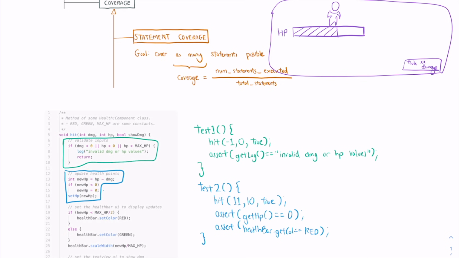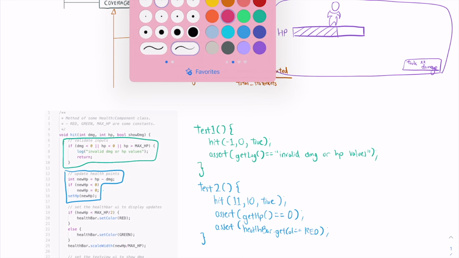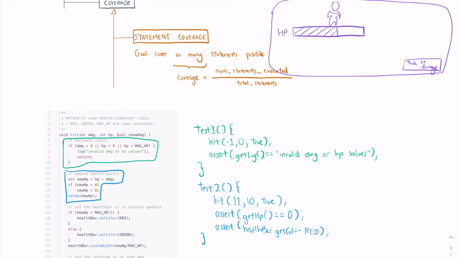Note that we went through some statements here as well, in particular this and then all the way down here, right? So we know that we covered this, but here we covered some but not all. So let's now create another test case to definitely cover these parts. So let's now color this as red color. The parts that we want to cover are basically all the remaining ones over here.